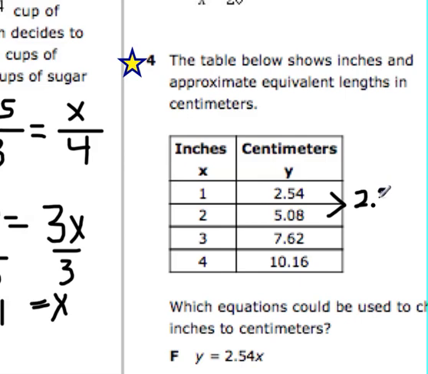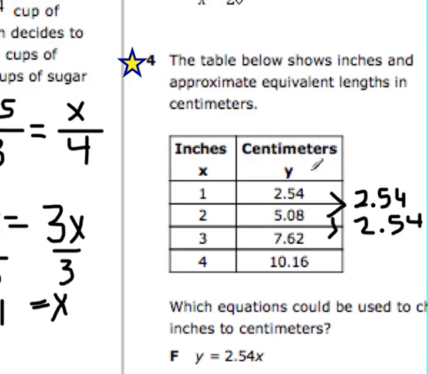I'm talking about centimeters, so it's not dollars, pardon me. And if we subtract these, 7.62 minus 5.08, we get 2.54. And if we subtract the next one, it would also be 2.54 centimeters for every inch.